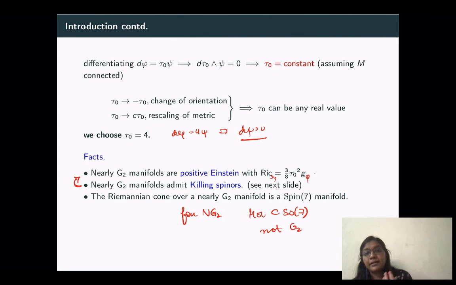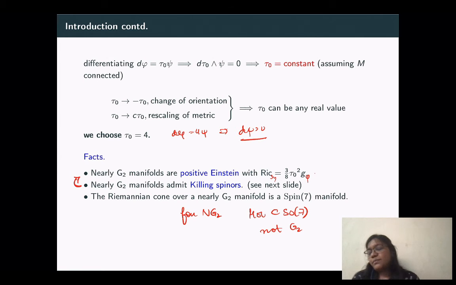By that I mean that the cone has holonomy inside Spin(7). So although manifolds with nearly G2 structures are not special holonomy, because the holonomy is inside SO7, the cone over these manifolds has special holonomy. So they are very much related to the study of special holonomy.